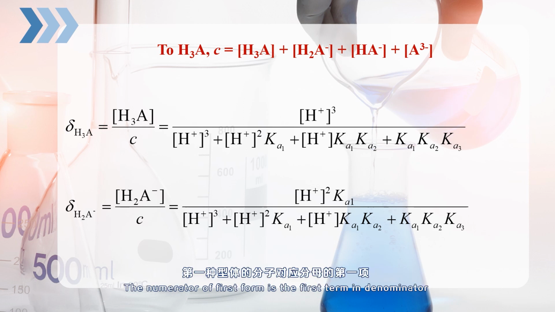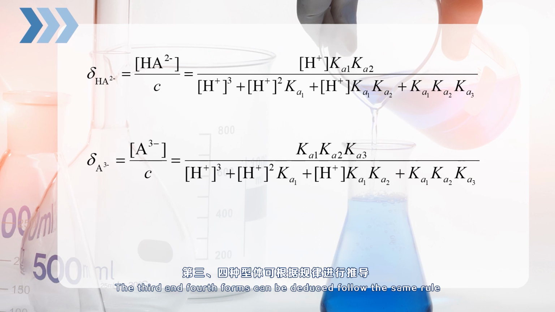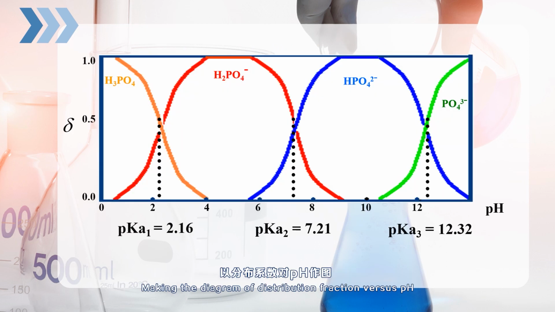The numerator of first form is the first term in denominator, and the second form corresponds to the second term. The third and fourth forms can be deduced following the same rule, making the diagram of distribution fraction versus pH. We can get the distribution plot of 4 forms for phosphoric acid.